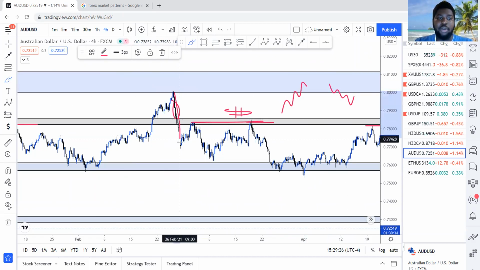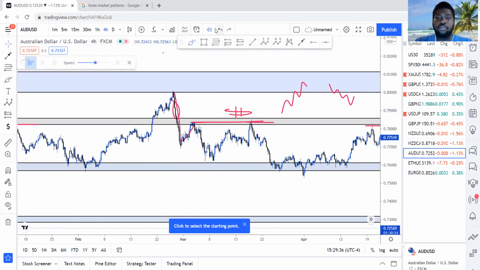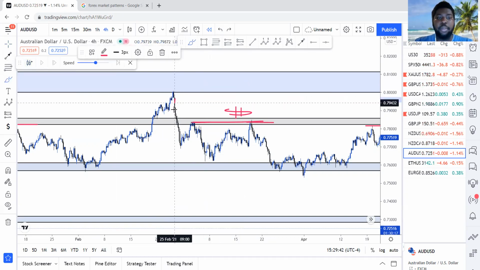This market shot down, retested the structure, but did not correct itself up here before it came back down. So we also have some imbalances over here in this market.